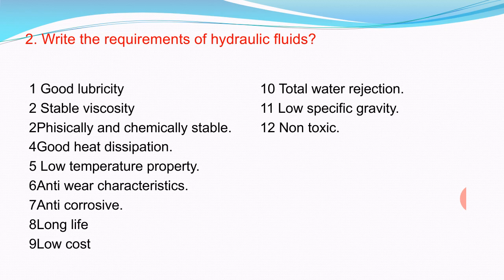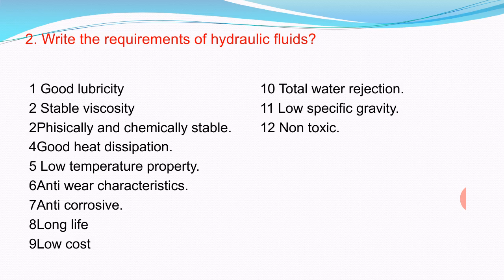Third, physically and chemically it should be stable. It should not change its components when subjected to high pressure, it should not break into particles, and it should not chemically react at high temperatures and pressures. Good heat dissipation: whatever heat is produced, it has to dissipate.